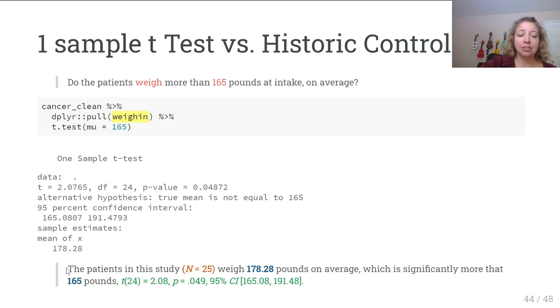So a sentence in APA format could look something like this. The patients in this study, and we are going to also say how many there were, weigh, and then there's a sample statistic, 178.28 pounds, which is significantly, because our p-value was significant, more than, because this 178 is more than 165 pounds.